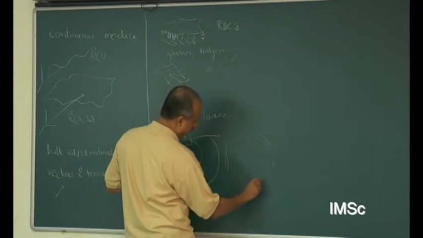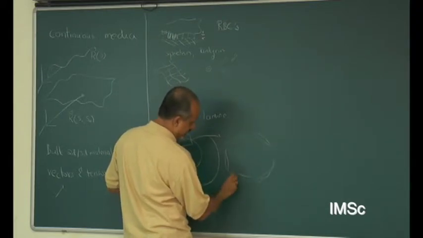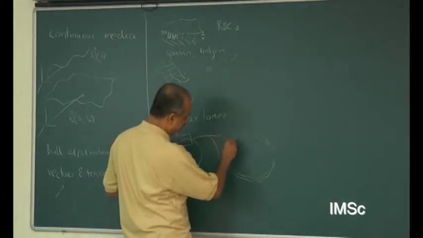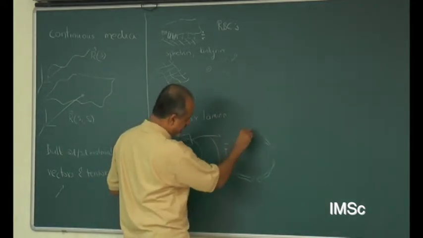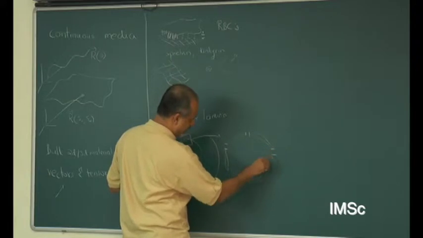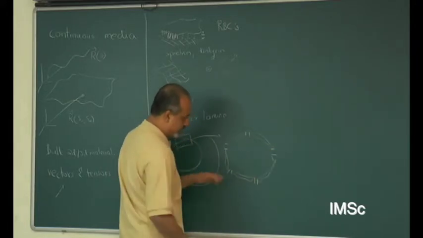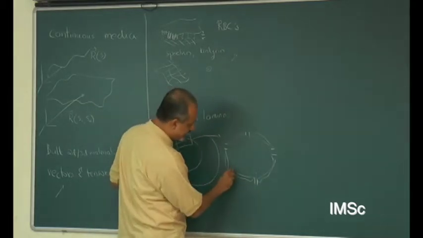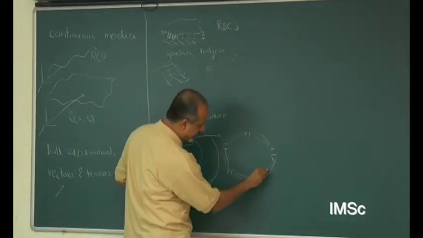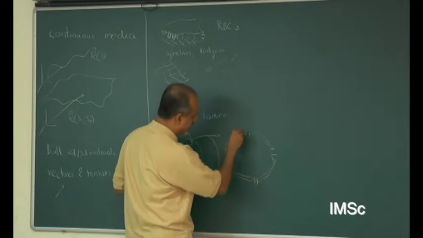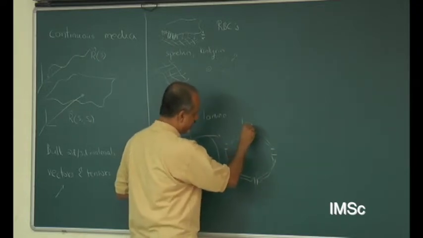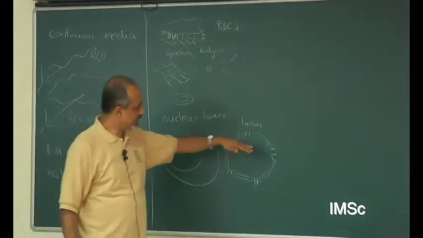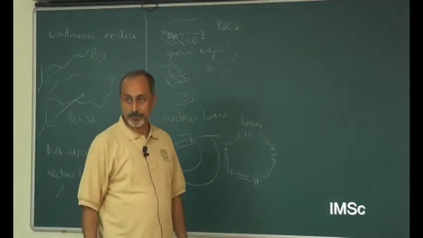It's actually more complicated than that, but let's just draw it like this for the time being. Okay, so there's an outer membrane, inner membrane. These are pores or nuclear pores through which material is shuttled in and out. And below this, there is again a network of intermediate filaments called the lamins. Okay, and the structure here on the inside is called the nuclear lamina.